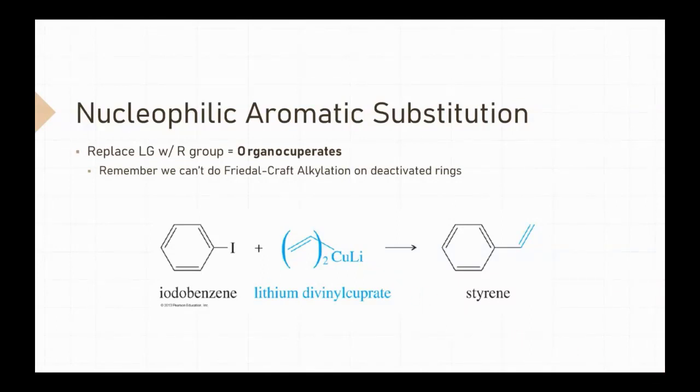Remember, we can't just do Friedel-Crafts to add R groups. Remember, you can't do Friedel-Crafts on deactivated rings. So if you want to add R groups, you have to use organocuprates. So you'll just replace the leaving group with the R group here.